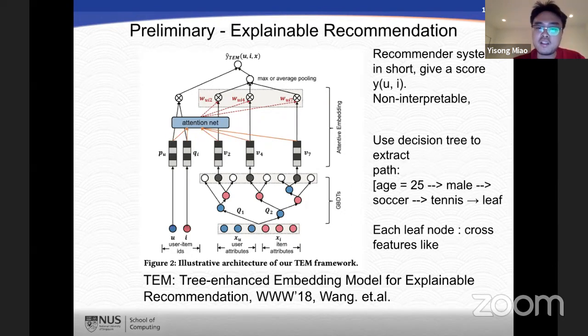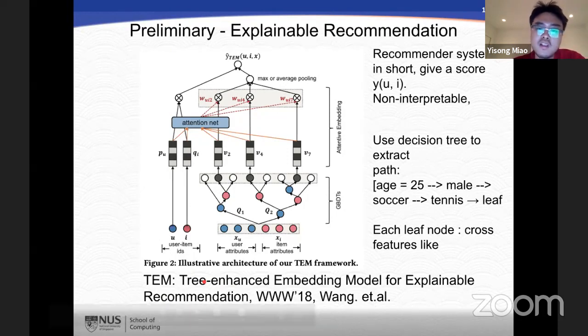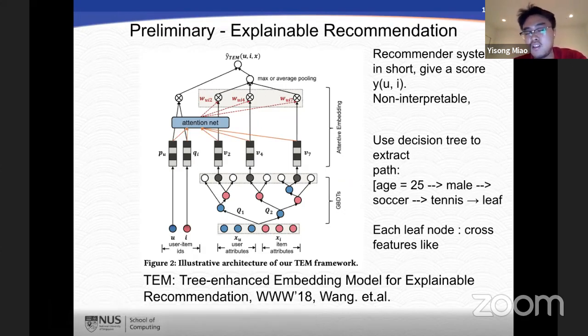But the question is that they're not quite interpretable. The author of the TEM paper, Dr. Xiang Wang, also introduced that recently, the higher performance a model can achieve, the less interpretability a model can maintain, right? So this work, TEM, can strike a good balance between performance and interpretability.